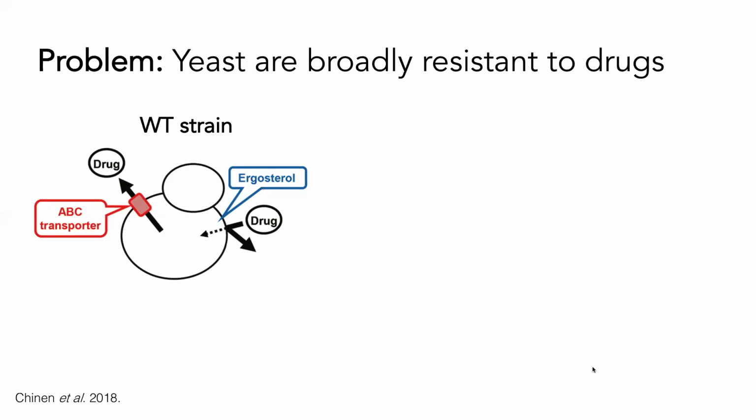But one downside to yeast is that there's this really well-known phenomenon where they're generally much more resistant to drugs than mammalian cells are. This is due to both having quite a few drug efflux proteins, as well as having a less permeable cell membrane.